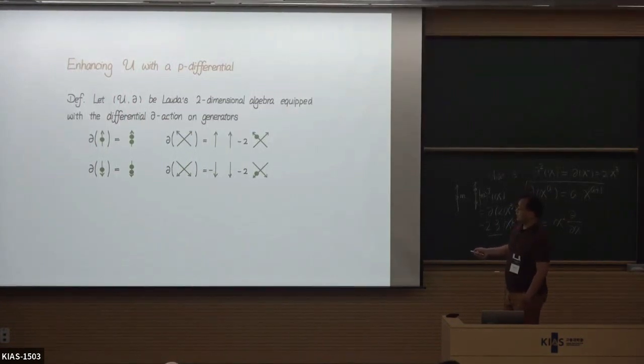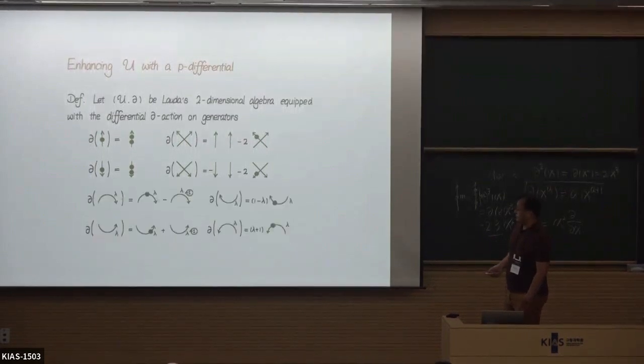On generators, it's given by D of x equals x squared. D of a dot is dot squared, and D of a crossing is a crossing minus 2 times this guy. And similarly for the downward arrows, and on caps and caps, they satisfy this nice formula.